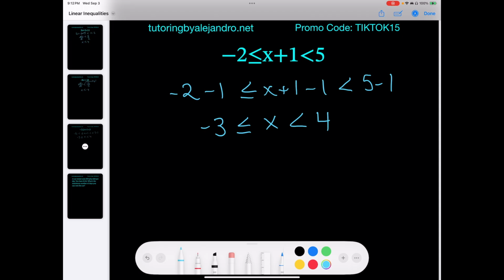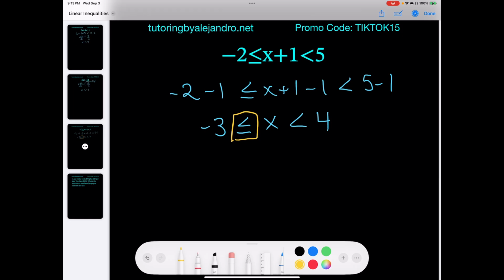So this means that x can be any number between negative 3 and 4. Now, including the negative 3 because of the less than or equal sign, right? But not including the 4. So notice how the less than sign right before the 4 does not have the equal under it, okay?